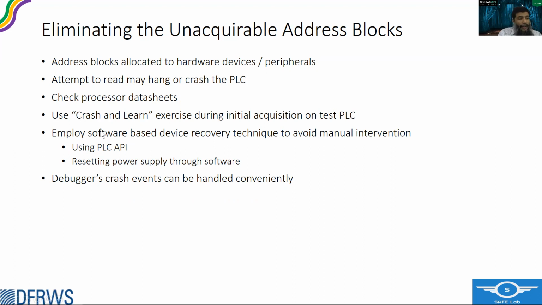So if we have some kind of software-based device recovery technique, like maybe the PLC provides some mechanism to reboot it, or if not, then we can also use power supplies that can be controlled through software. It can really facilitate this crash and learn exercise to identify unacquirable address blocks.